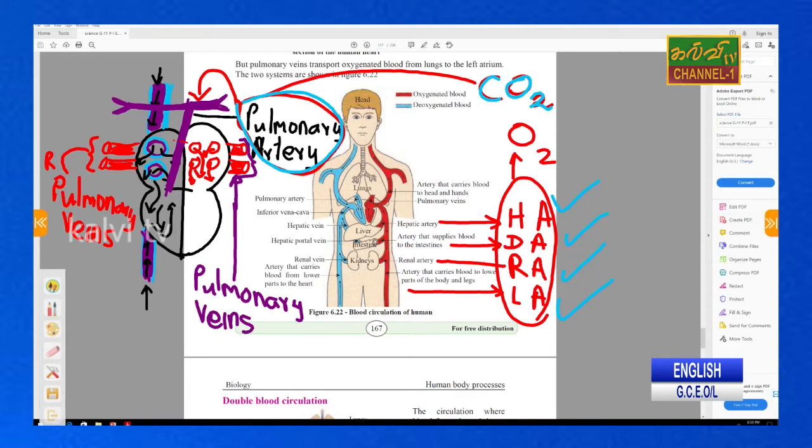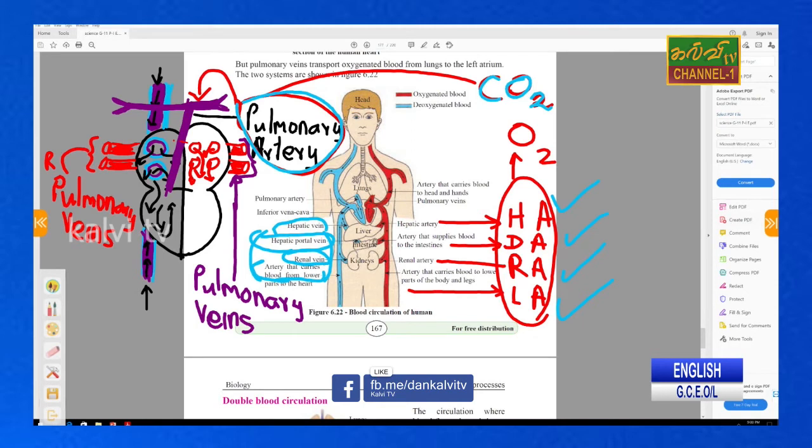At the same time, the veins, you know, hepatic veins, renal veins, and the veins that carry blood from the lower part. So all the veins, hepatic veins, hepatic portal veins, carry deoxygenated blood, carbon dioxide, from the organs.